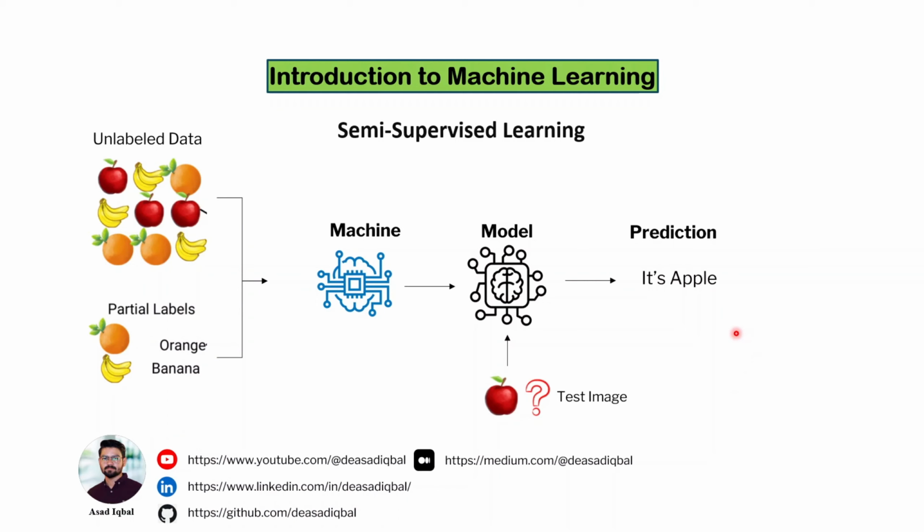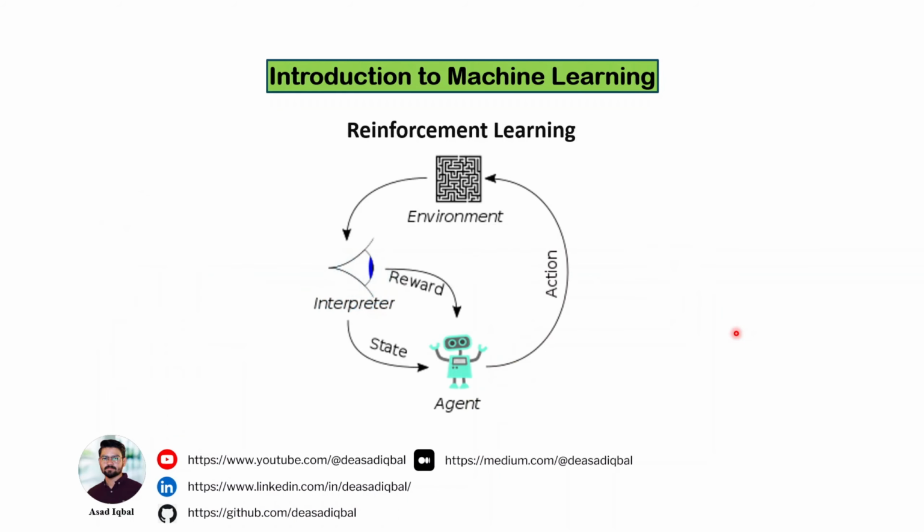Now let's discuss the last type of machine learning, which is reinforcement learning. Reinforcement learning works on a feedback-based process in which the AI agent automatically explores the surroundings, takes action, and learns from the experiences. Suppose we have an AI agent, and this agent will perform an action on the environment, and this action performed by the AI agent will be watched by the interpreter.